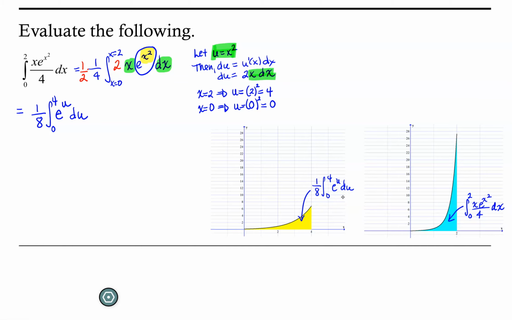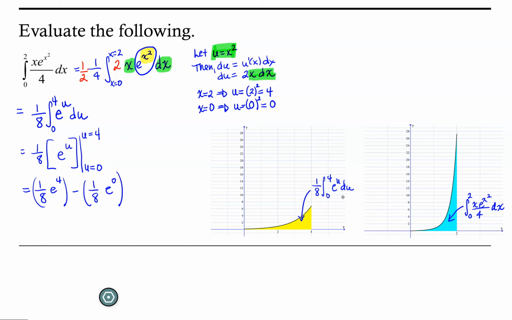So let's go ahead and evaluate this integral. So we will have 1/8. Now the antiderivative of e to the u is e to the u. And we're evaluating that from u equals 0 to u equals 4. Evaluating at 4 first, we'll have 1/8 e to the 4th minus 1/8 e to the 0 power.